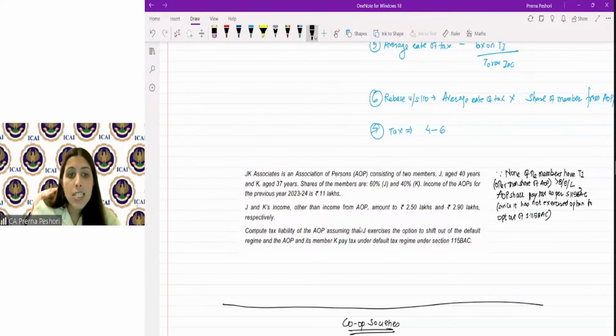Okay. So what is the income of the AOP? Total income of AOP is 11 lakh.